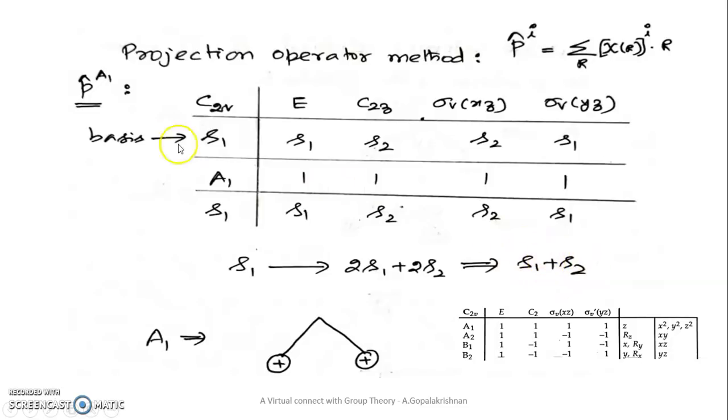So the A1 SALC has this form, or we can say it the other way: S1 plus S2 is one SALC corresponding to A1. And what is the meaning of this? Listen, both are positive. So both S1 and S2 have positive sign. Are you able to understand this? Yes, this is one group orbital.